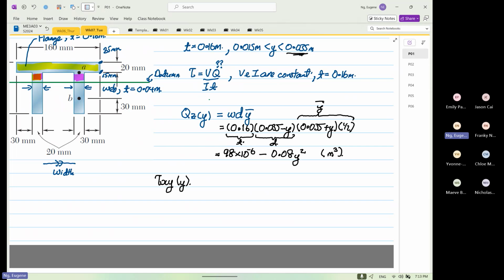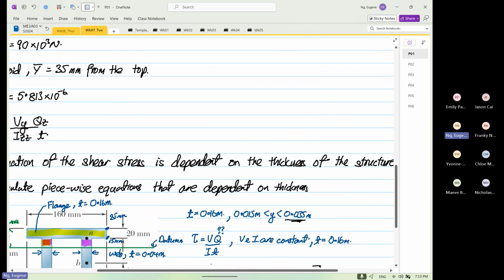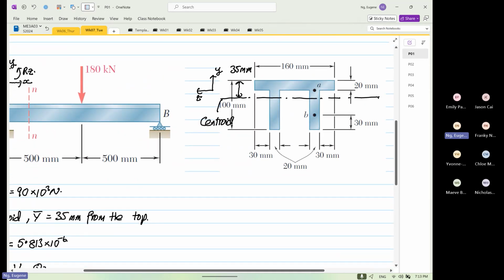Now, why shear xy? Let me explain why shear xy.